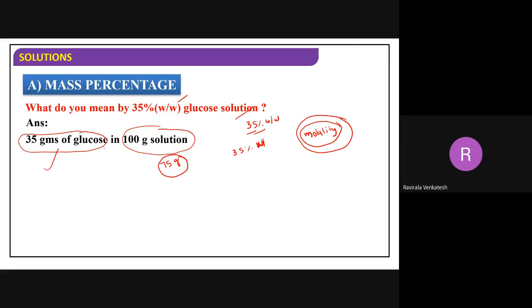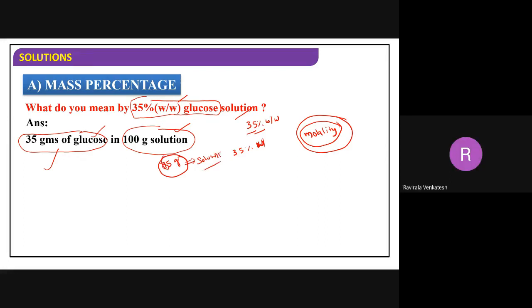What I'm saying is, if it is 35% W/W glucose, it means in the data they have given 35 grams of glucose in 100 grams of solution, and 65 grams of solvent, whatever it may be.